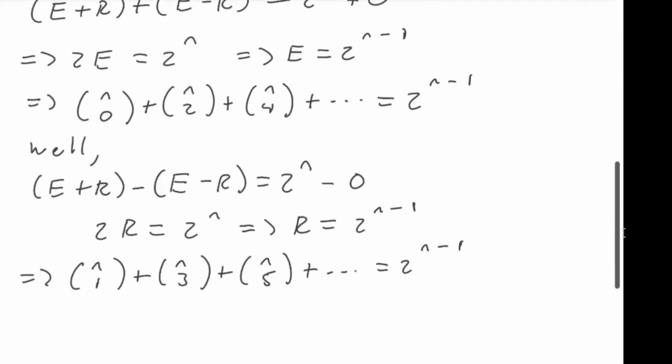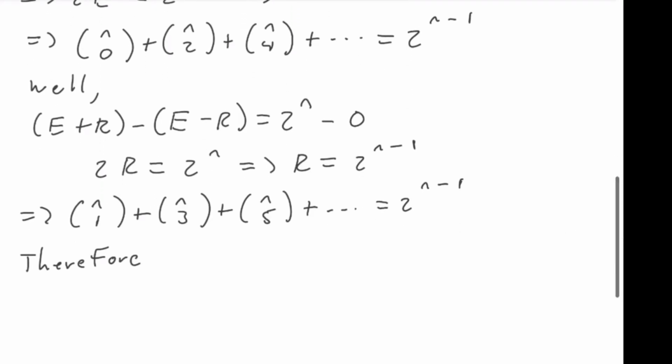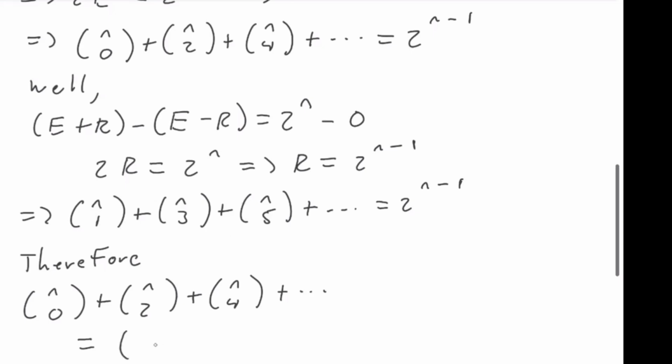And look at what I have. I have this sum here. Therefore, I have n choose 0 plus n choose 2 plus n choose 4 plus dot dot dot is equal to 2 to the n minus 1, which is also equal to this series here, this sum, which is equal to n choose 1 plus n choose 3 plus n choose 5 plus dot dot dot.